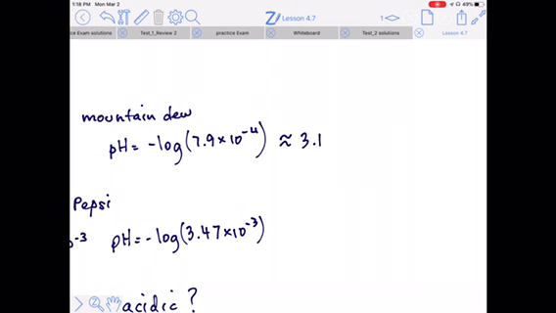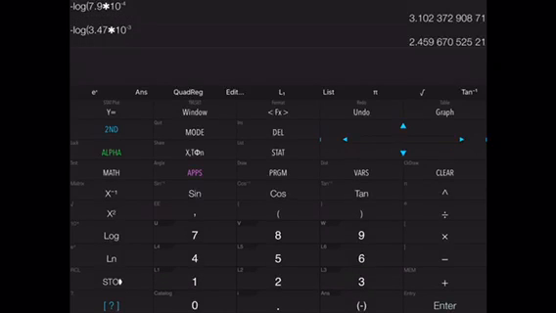And then for Pepsi, negative log of 3.47 times 10 to the negative 3. That's 2.46.